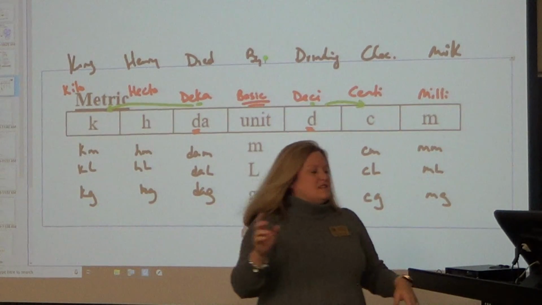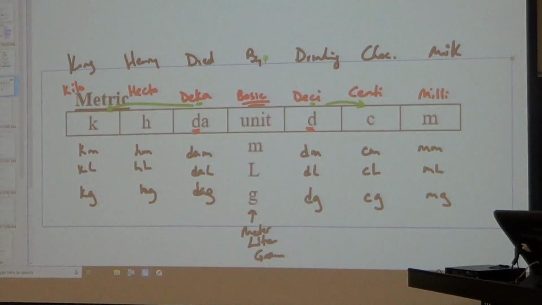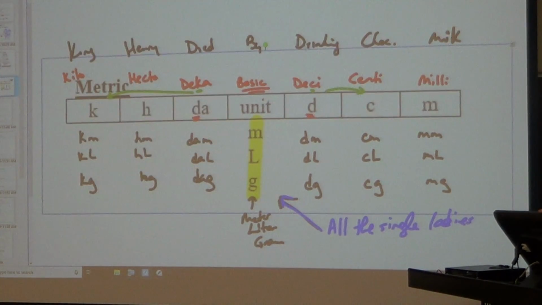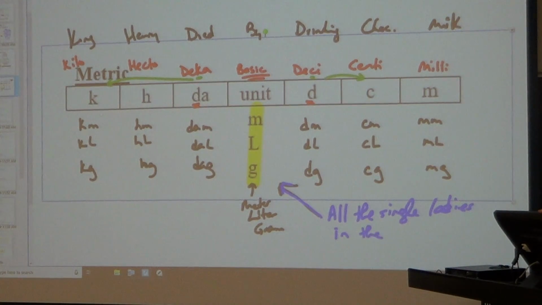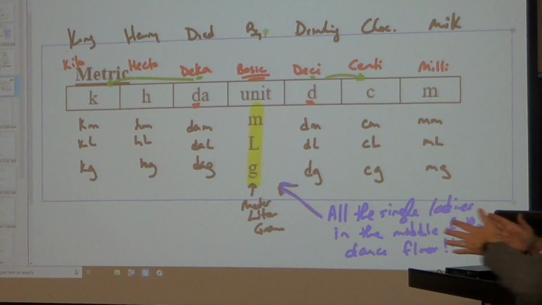So what I tend to say, because this will get people in trouble, so I always say, all the single ladies are always in the middle of the dance floor.